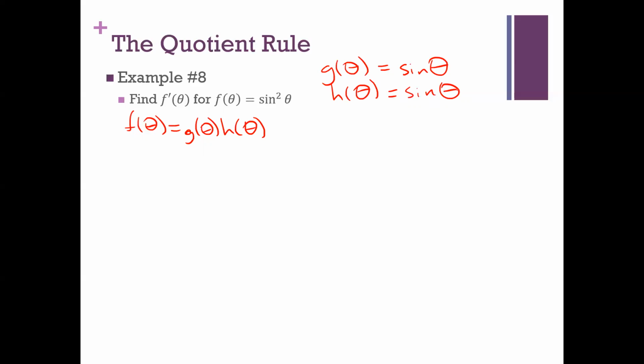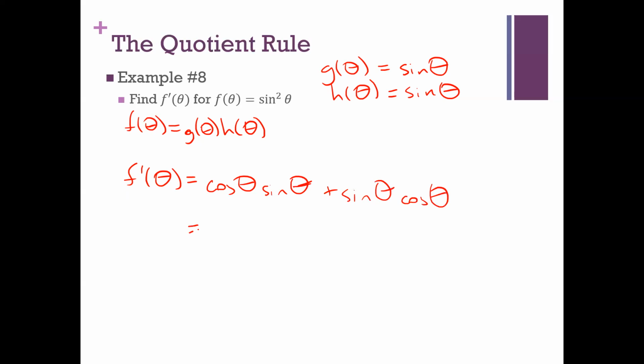If I call both of these individual pieces sine of theta, I can use product rule with this. So from that setup, what's the derivative of sine squared of theta? Cosine theta times sine theta plus sine theta times cosine theta.